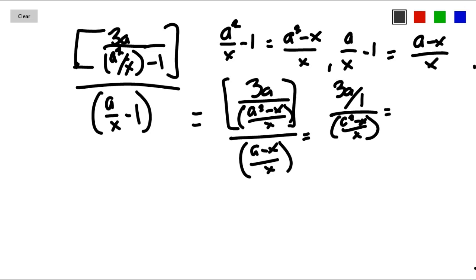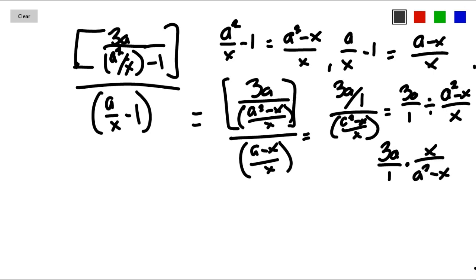And if I divide two fractions, this is the same as writing 3a over 1 times x over a squared minus x, because I'm multiplying by the reciprocal. When I carry out this operation, I end up with 3ax divided by a squared minus x. There you go, so that's going to be the top.